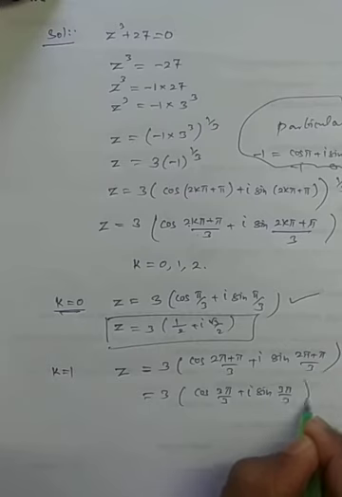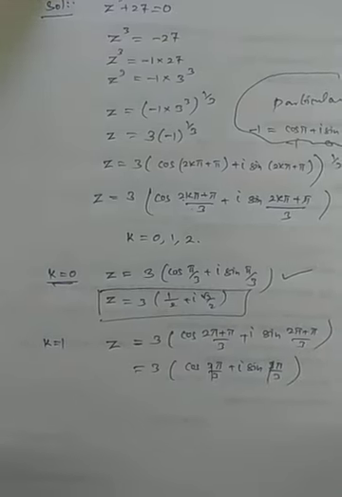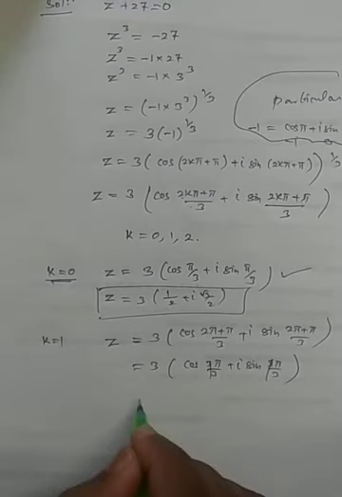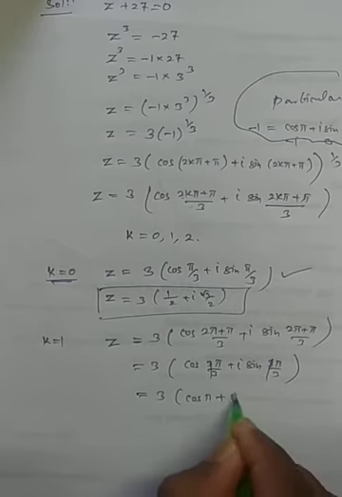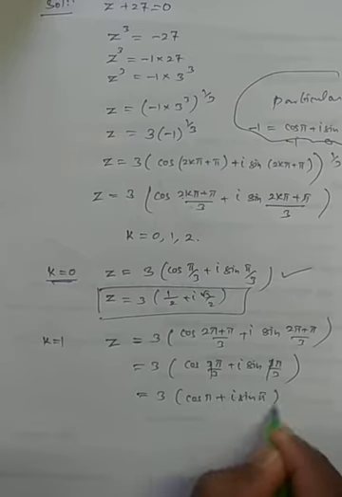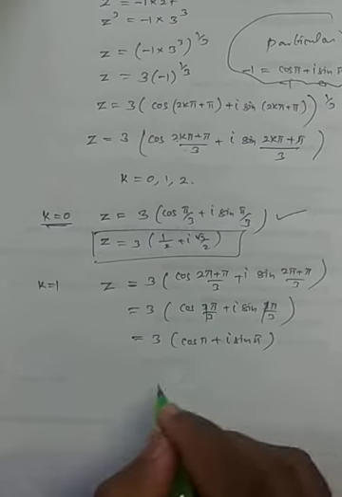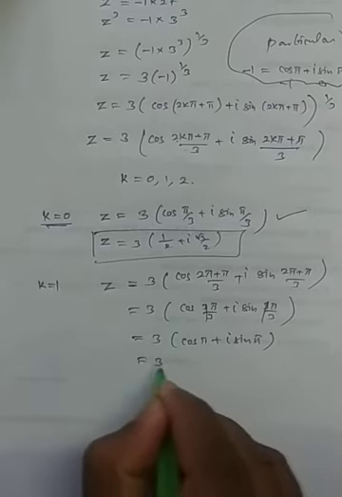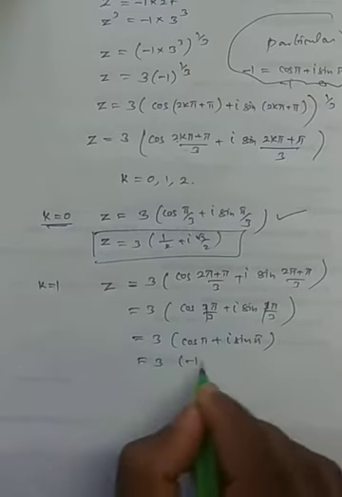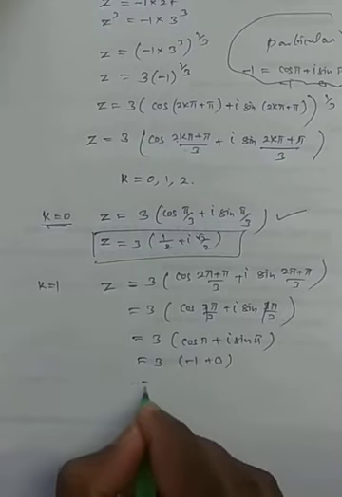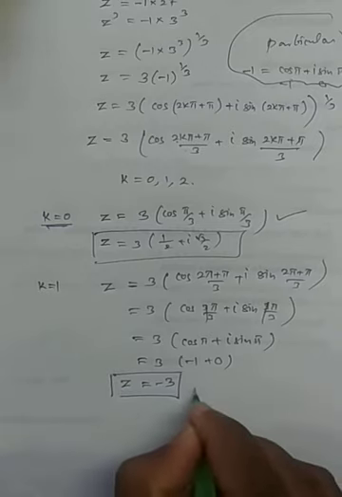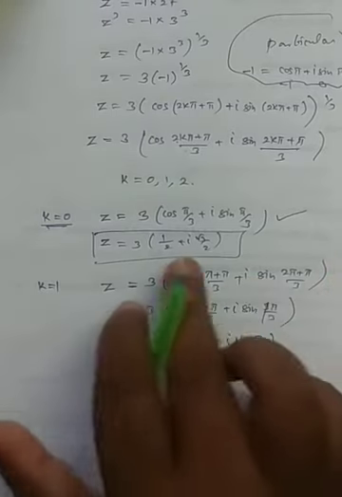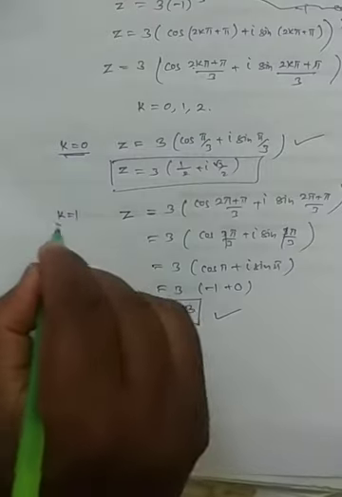The 3 gets cancelled, and we are getting pi only. So this is cos pi plus i sin pi. Cos pi is minus 1, and sin pi is 0, so leave it off. The answer is z equals minus 1. This is the second value. You can stop here if you want, no issue. K equal to 1 you have taken.